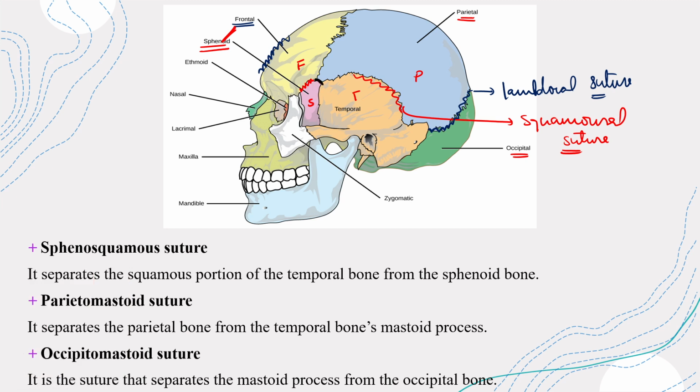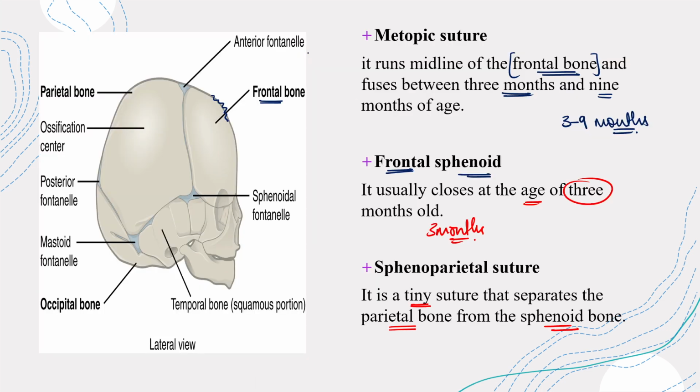This is the separation line between the parietal bone and the sphenoid bone. So this is the sphenoparietal suture.